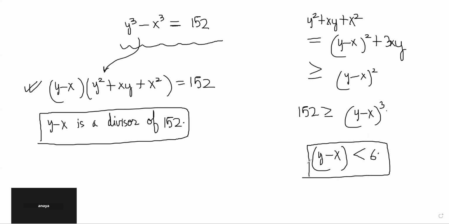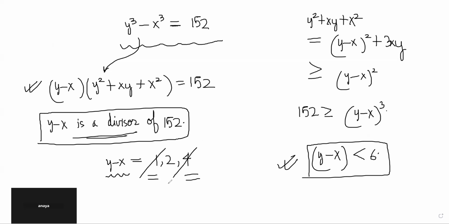And then combining this with this, the only options for y minus x became 1, 2, and 4, right? It has to be a divisor and it has to be smaller than 6. If you check the case y minus x is equal to 1 or equal to 4, there is no integer solution in those cases.